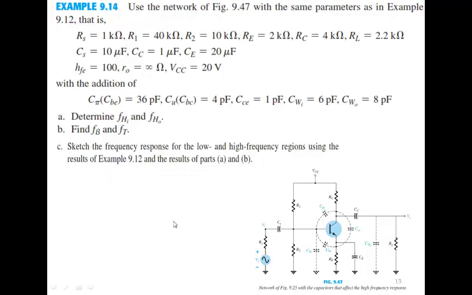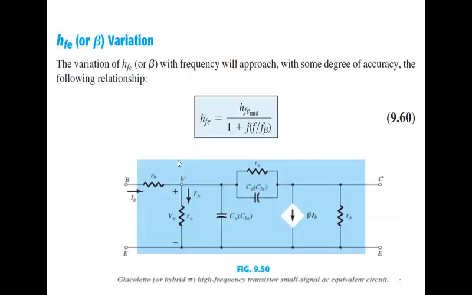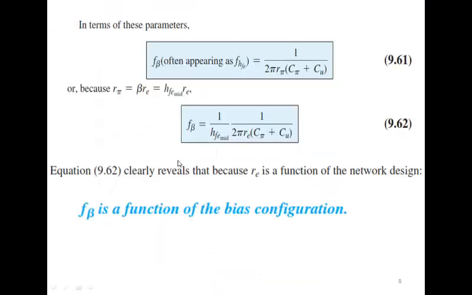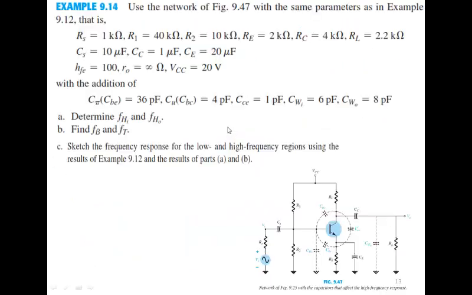In order to find the cutoff frequencies FHI, FH0 and F beta, we have already derived the relationships for these cutoff frequencies from this circuit. So we can use these relationships here.